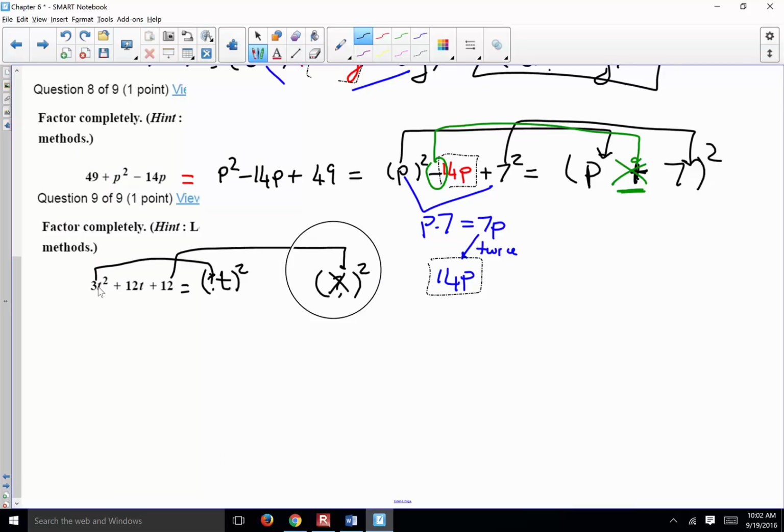I'm spelling out what's left. When I factor 3 from this entire group, it is t squared plus 4t plus 4. Now that 4 is a complete square. We will continue this next time. I don't have time to fix it, but we need to factor 3, then do what's necessary to the remaining terms, which is tomorrow.